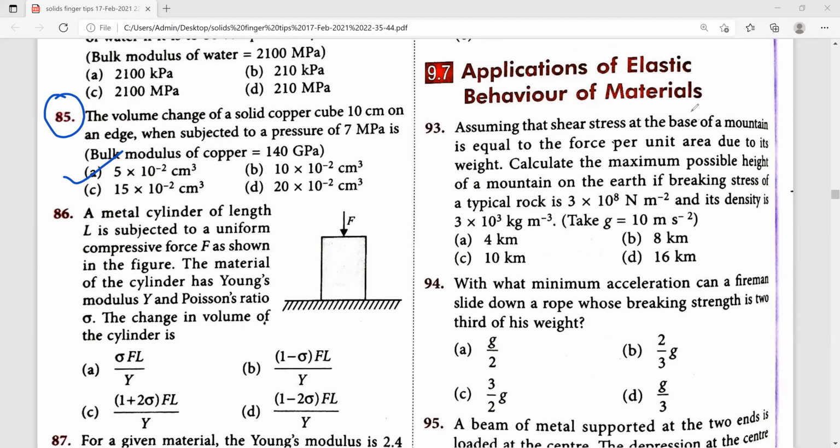Next, for 86th one, a metal cylinder of length L is subjected to uniform compressive force F, that is already shown in the diagram here. The metal of the cylinder has Young's modulus Y and Poisson's ratio sigma. Change in volume of the cylinder hang represent ಮಾಡ್ತೀರಿ ಅಂತ ಹೇಳಿದಾರ.